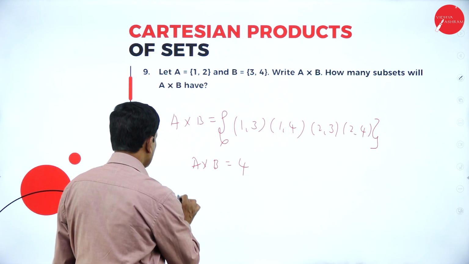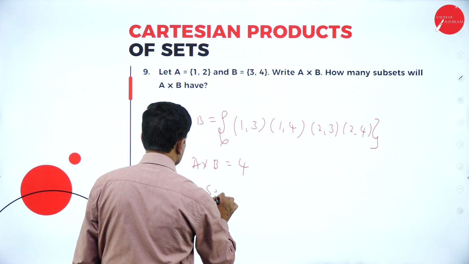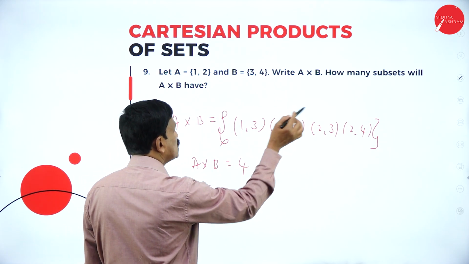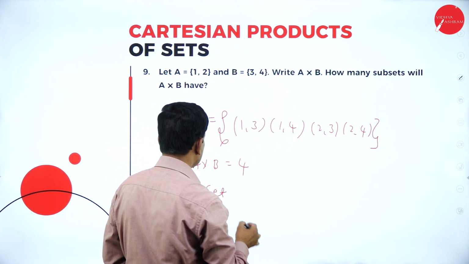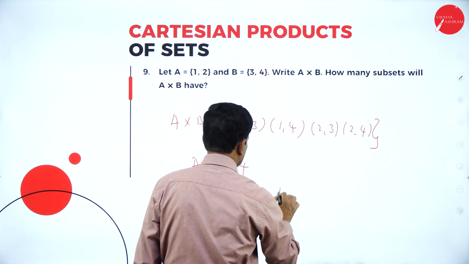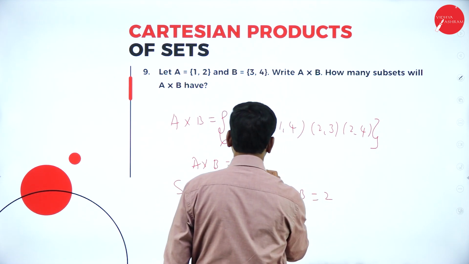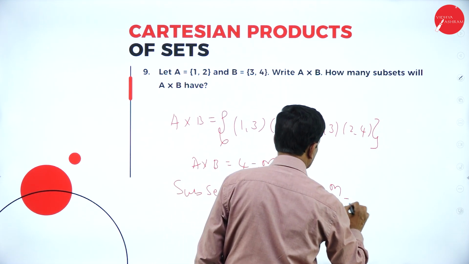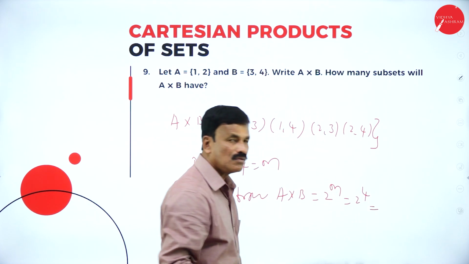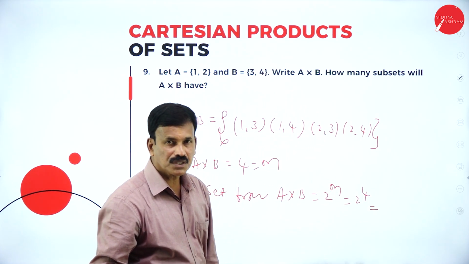Since A × B contains 4 elements, how many subsets will be from A to B? The number of subsets of A × B is nothing but 2 to the power of m. So 2 to the power of m is nothing but 2 to the power of 4. What is 2 to the power of 4? 2, 4, 8, 16.